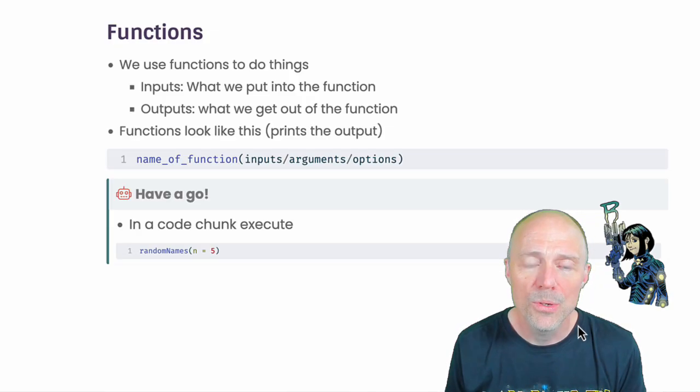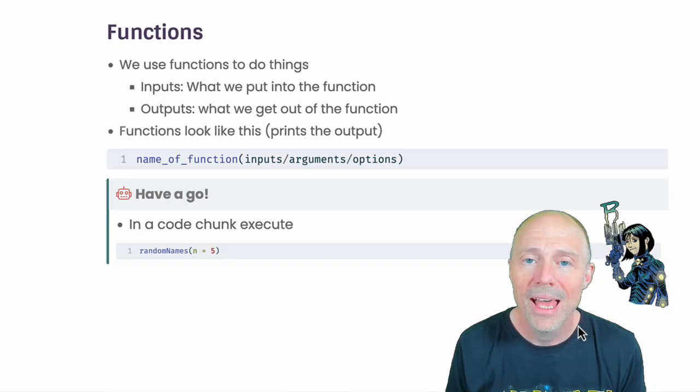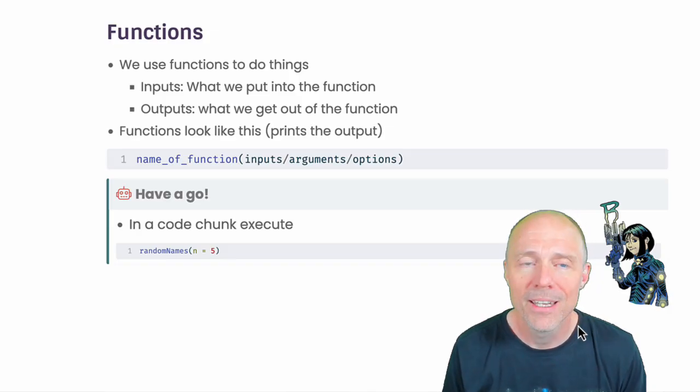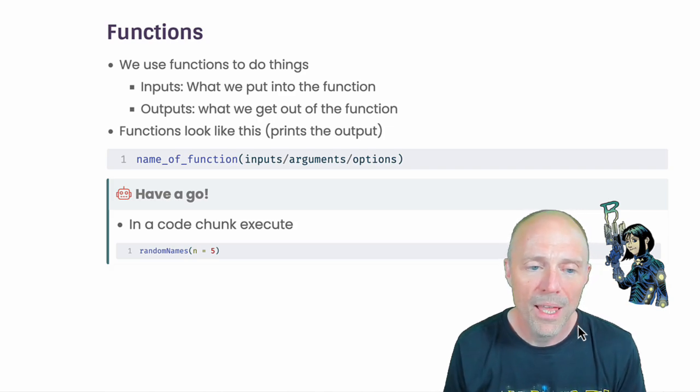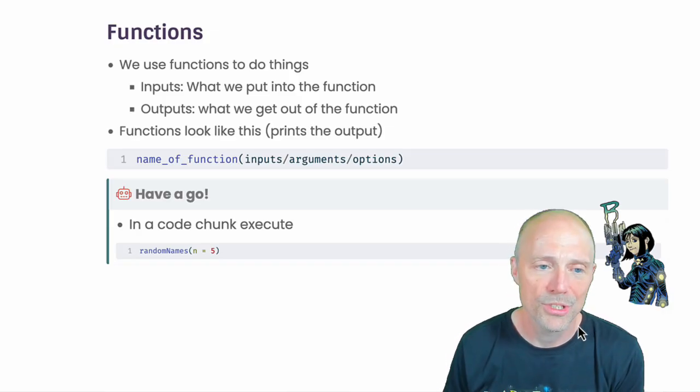So we're going to have a go at using a function and see what happens. And the function we're going to use is a function called random names. And we're using this because it's a very simple function. It has one job, which is to generate a series of random names. And every function has inputs, so things you put in the brackets, and it will have an output, a thing it produces.